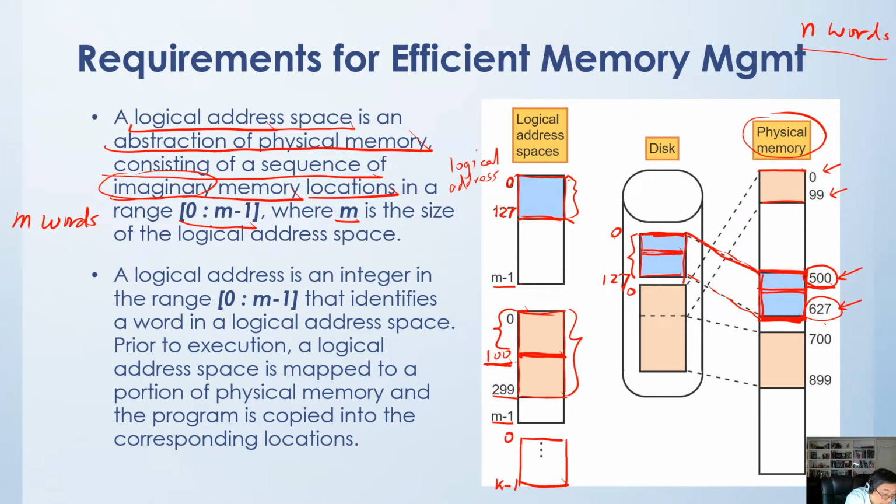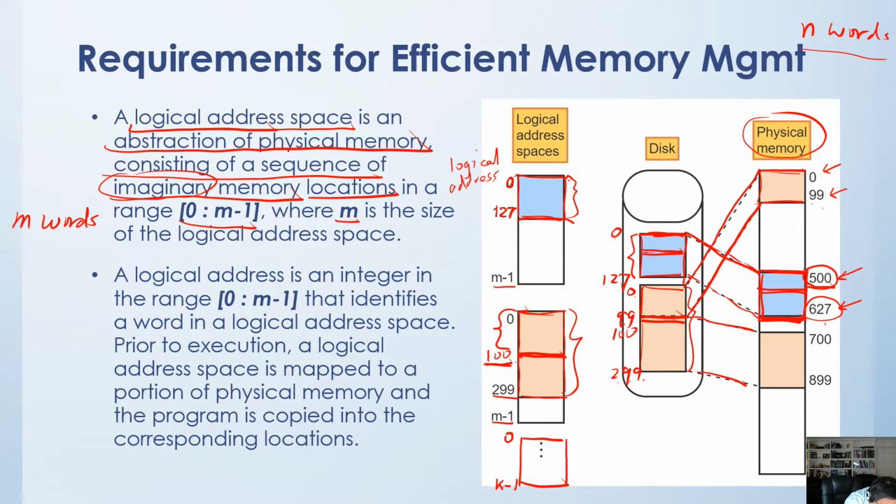So the logical address is 0 to 299. When you load into the physical address, if we cannot find a consecutive physical address space that's big enough, there's a possibility that we can split the logical address space into two pieces, and we load the first part to the physical address space 0 to 99, and then we load another piece from 100 to 299 to another space.